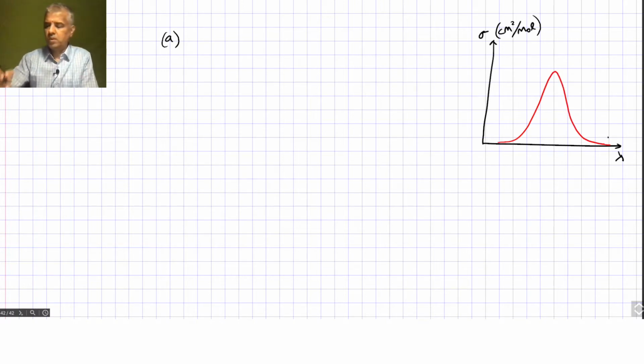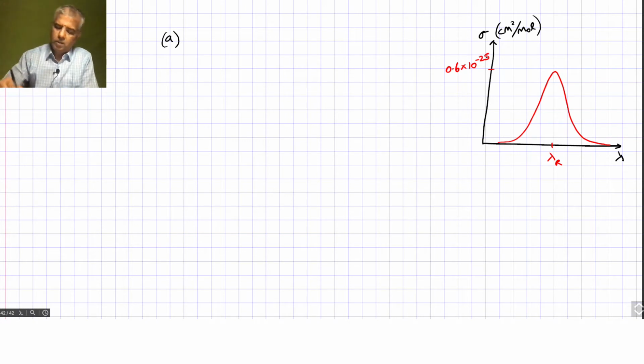It's going to look something like this, and this wavelength is the resonance wavelength, and at that resonance wavelength, this is given as 0.6 multiplied by 10 power minus 25 is the strength of the transition. So that's the transition cross section.